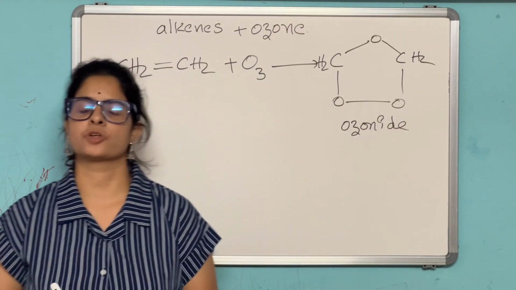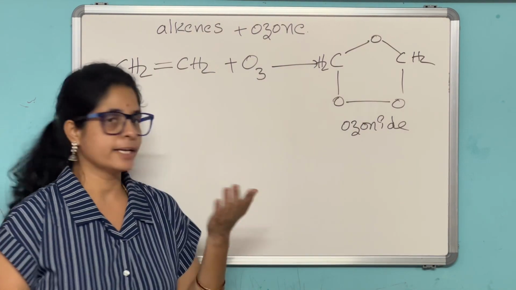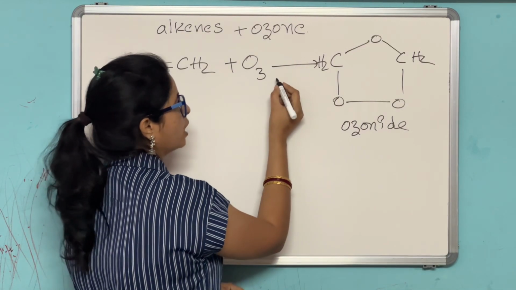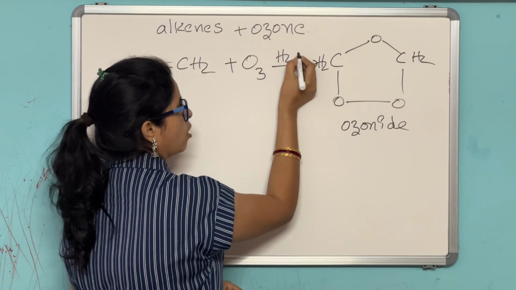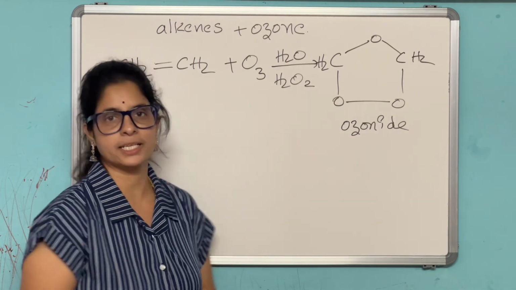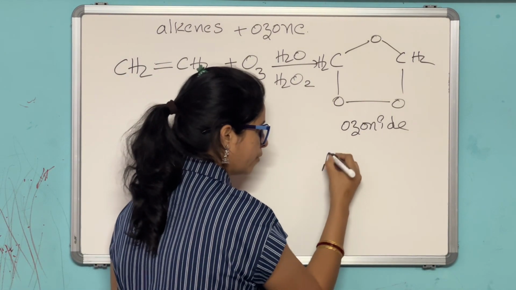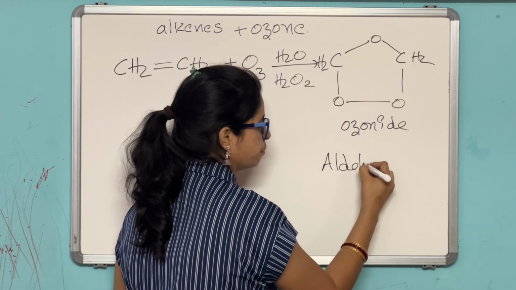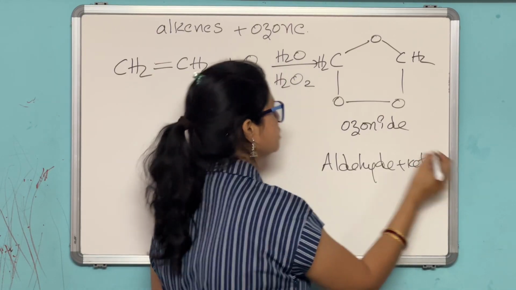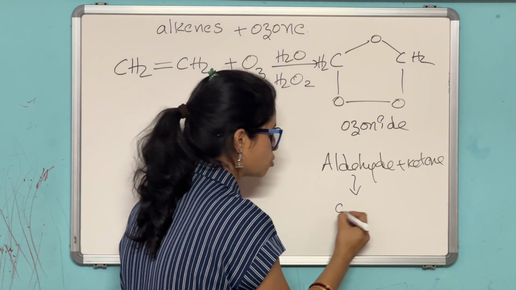Here there are two types of cleavages depending upon the reagents we choose. If we take ozone along with H2O or H2O2, we call it an oxidative cleavage. In this oxidative cleavage, we get aldehyde plus ketone, but under these oxidative conditions, aldehyde is further oxidized to acid.